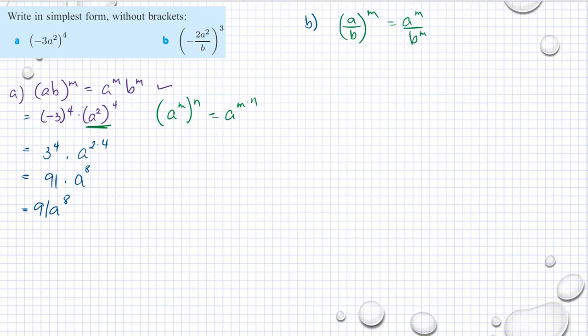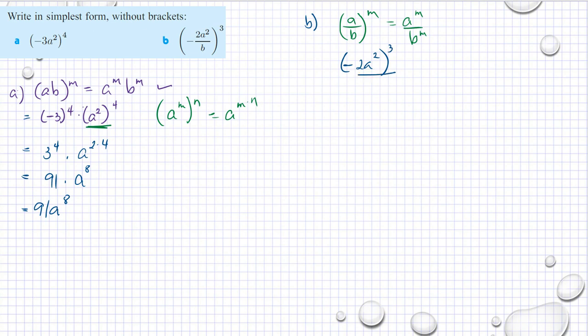Then we have, if we have negative as it is, so negative 2a squared, sorry, I will use another. Negative 2a squared. The negative you can put in b or in a, it doesn't matter.